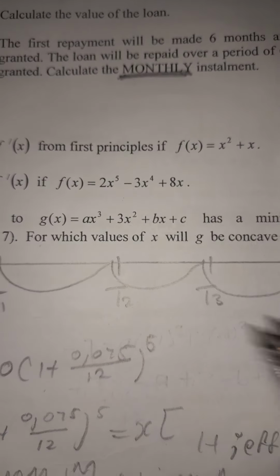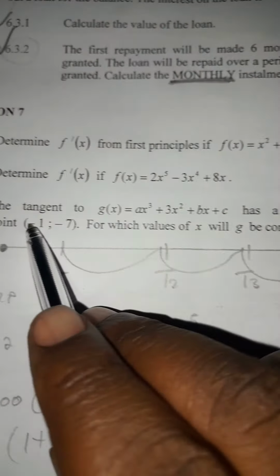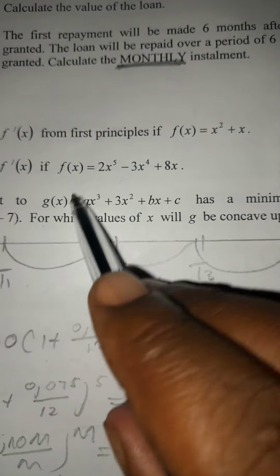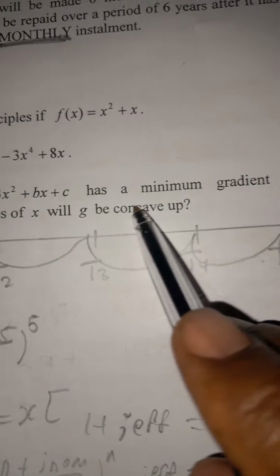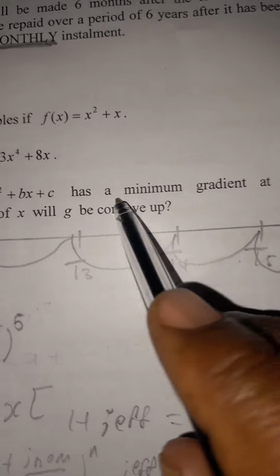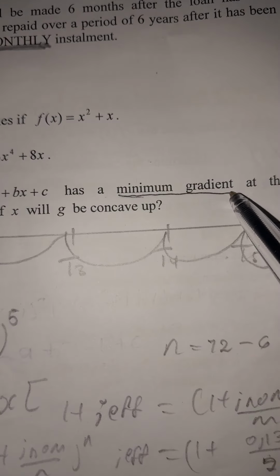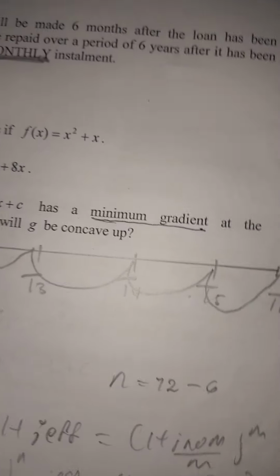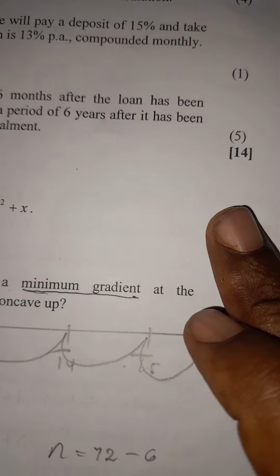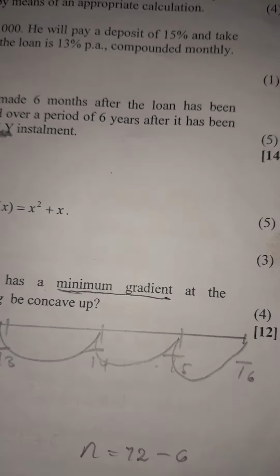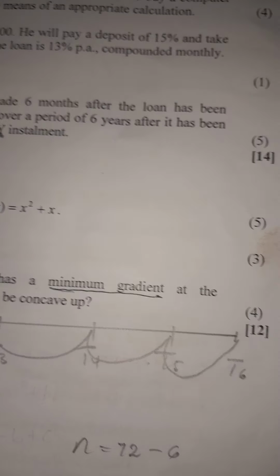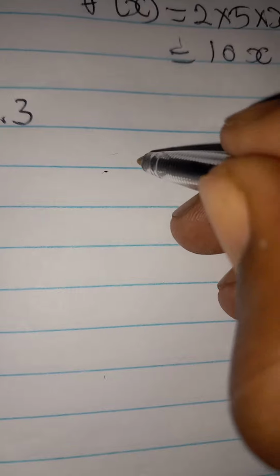But first things first, our first statement says that the tangent to this graph has a minimum gradient. You highlight this phrase, has a minimum gradient. When it has a minimum gradient, remember the gradient of a tangent is what? It's a first derivative. The gradient of a tangent is a first derivative. So let us put this into practice so that we know what we are dealing with.